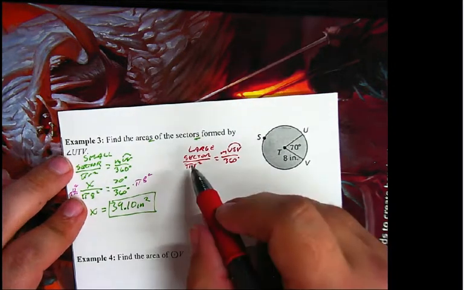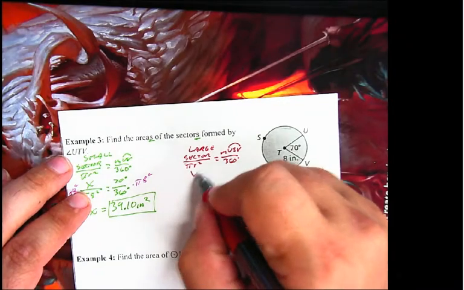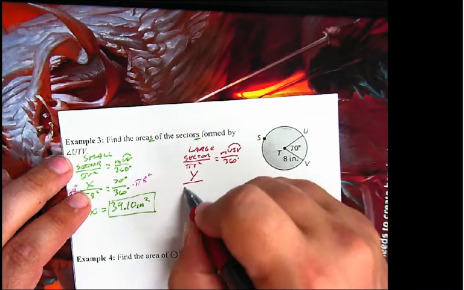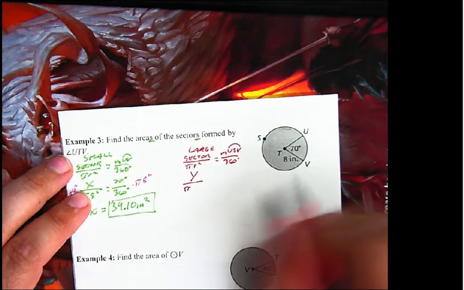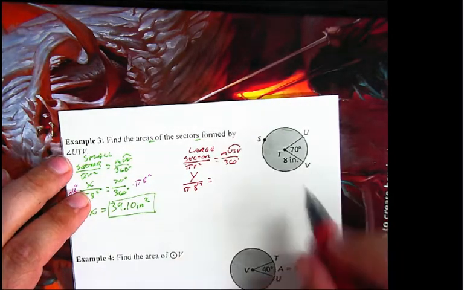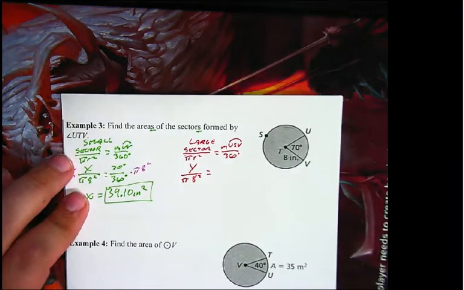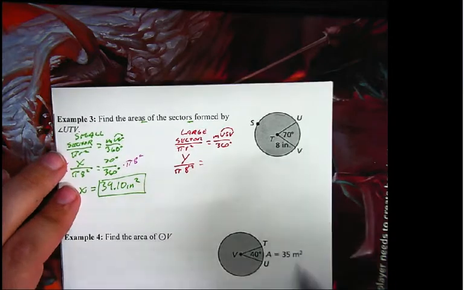Plug in what we know. Area of the sector, I don't know. I can't use X, I already used X, so we will use Y. Over pi times R, well, it's the same circle, so it's got the same radius. 8 squared. Equals the measure, oh, well, let's see, it didn't tell me that, did it? But that's okay, because the measure of the entire circle is 360.